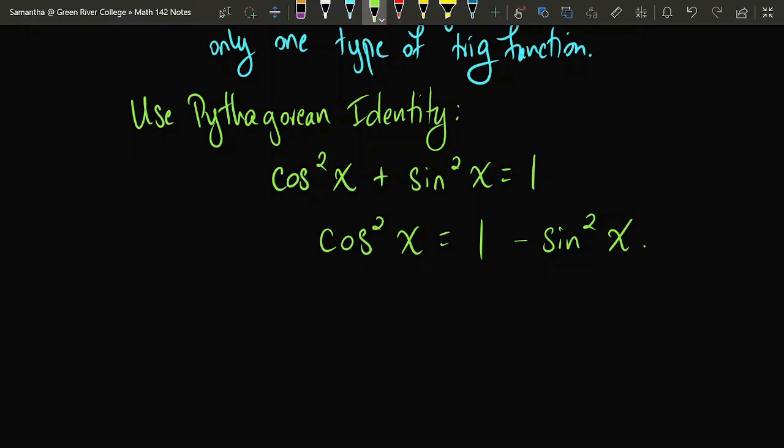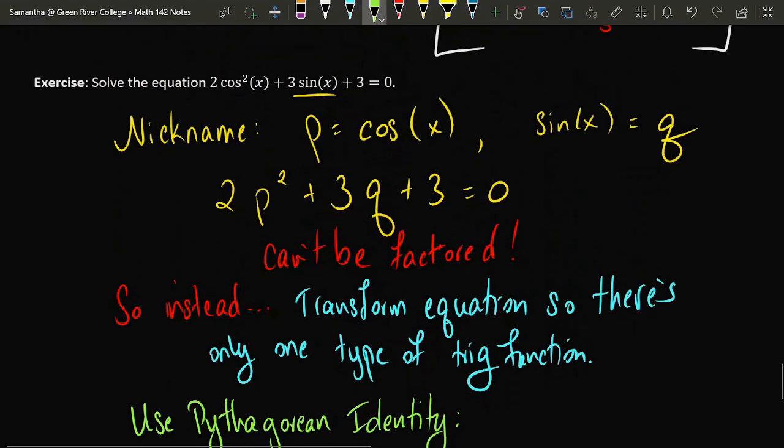This identity says that if you're working with an equation that has a cosine squared in it, that cosine squared can be replaced by 1 minus sine squared. And this is great because that will allow me to get an equation that has only sines and no cosines.